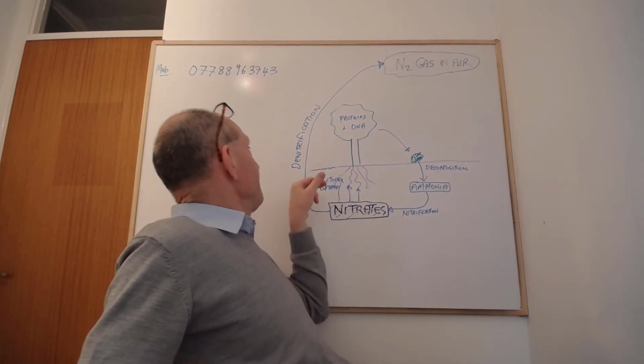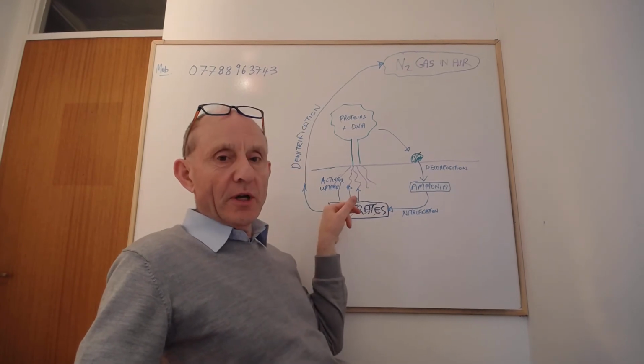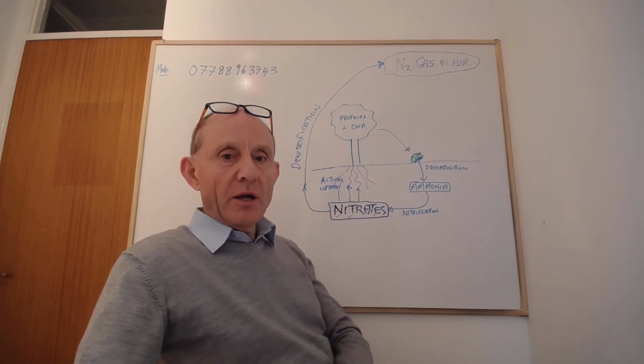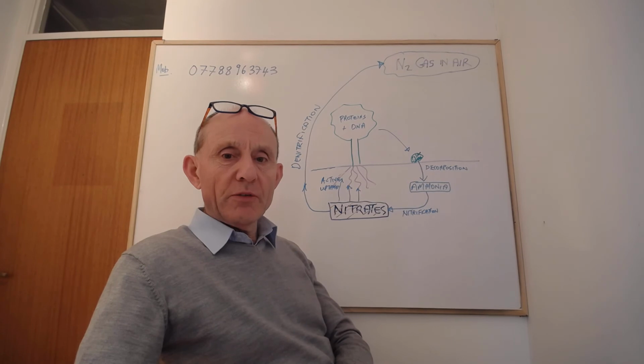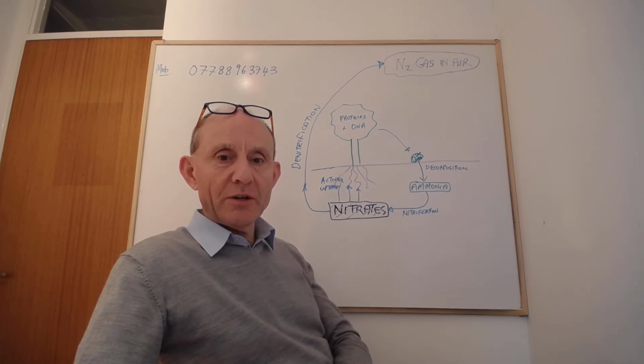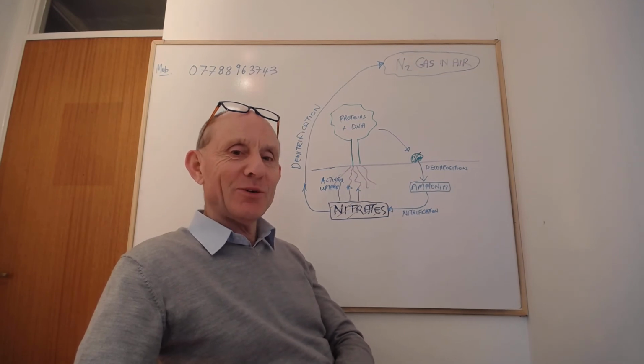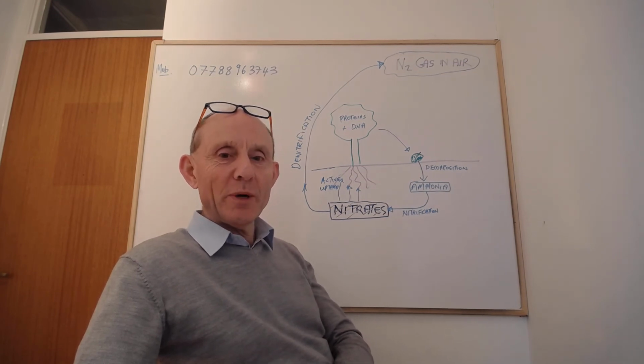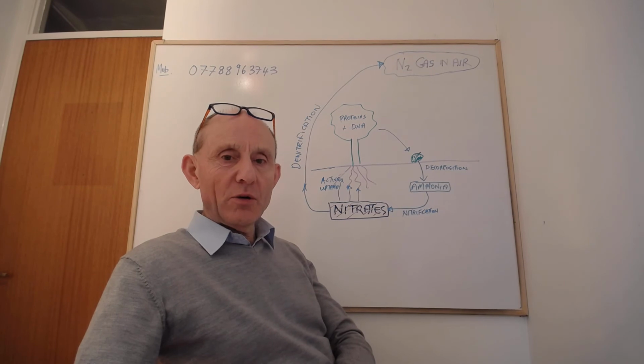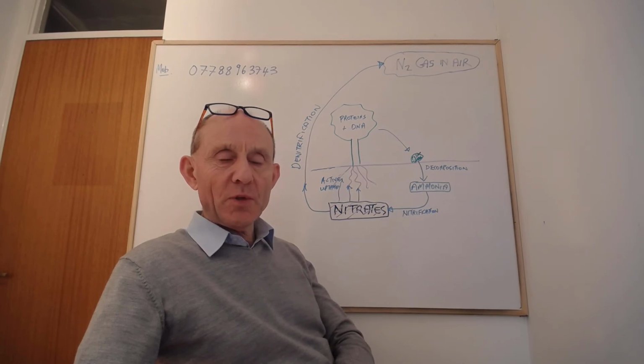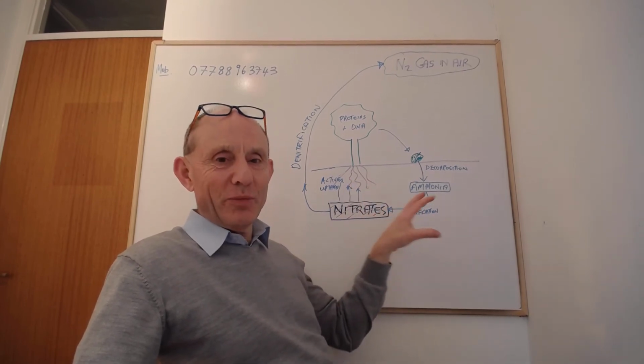Now here's the thing: these bacteria that do denitrification don't grow very well if the soil has plenty of oxygen in it. They're encouraged by wet soils because they're anaerobic in the sense that they can grow quite well in soils that contain a lot of water and lack oxygen. So it's a no-brainer for the grower.